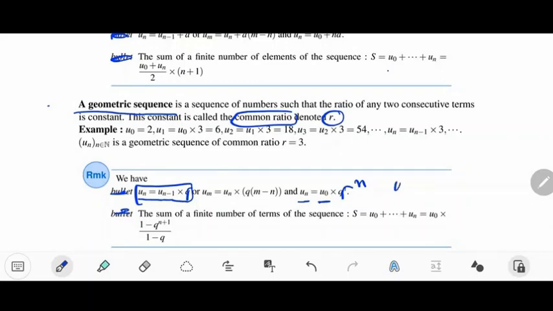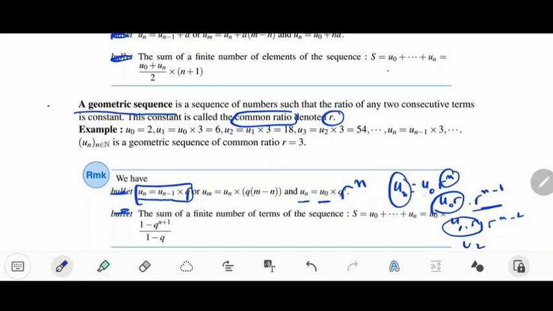If I say un is equal to u0 times r to the power n, it means that if you take u0 times r, this gives me u1, and then if you multiply by another r, this gives me u2, etc. So if you multiply by r n times, you'll obtain un.